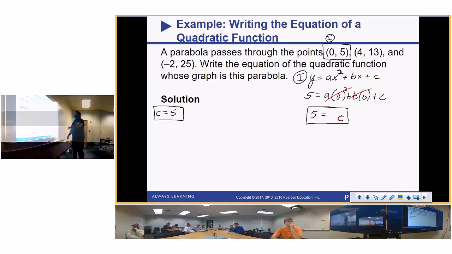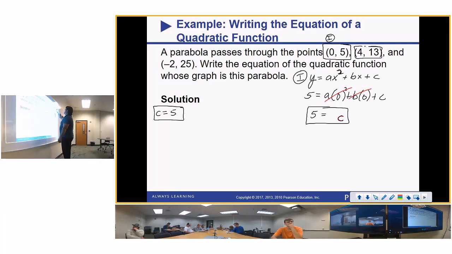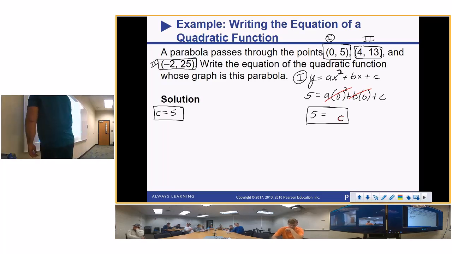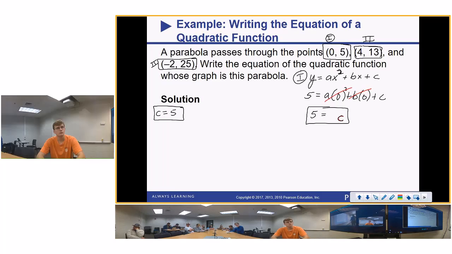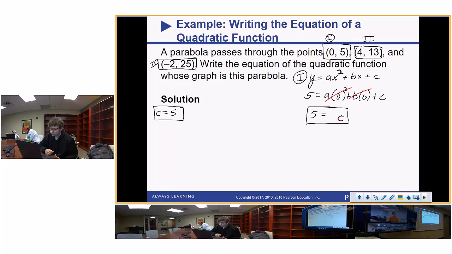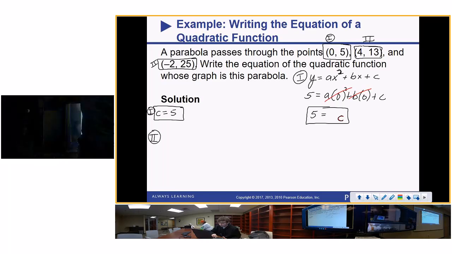Now you're going to take C, and you're going to take these two. This is part 2, and you're going to plug and chug. So I'm going to take my first one and plug and chug.